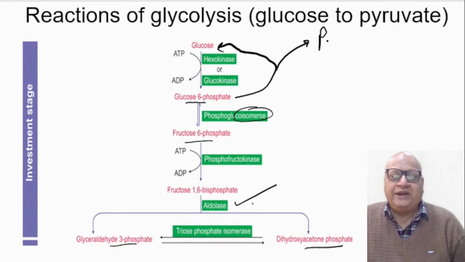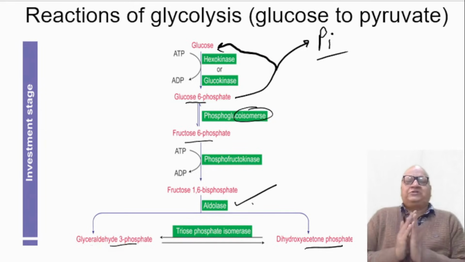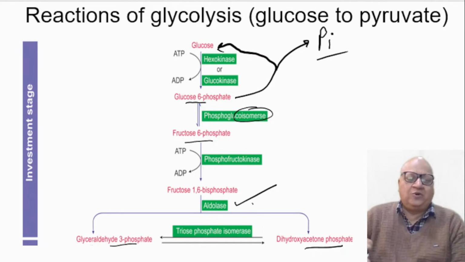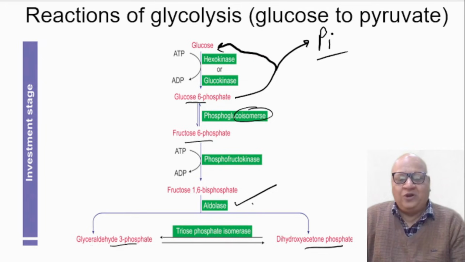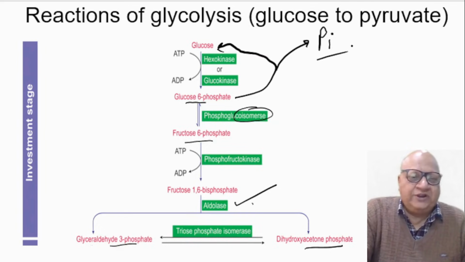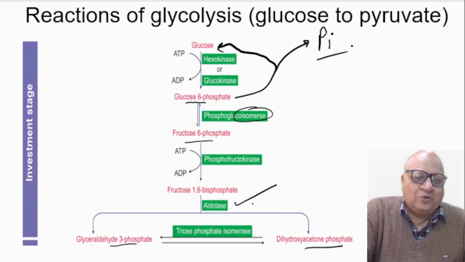So hydrolytic cleavage for removal of a phosphate group. Such enzymes which cleave a compound with addition of water, the so-called hydrolytic cleavage, are called what? Hydrolases. So glucose 6-phosphatase falls into the 3rd class, that is hydrolase.